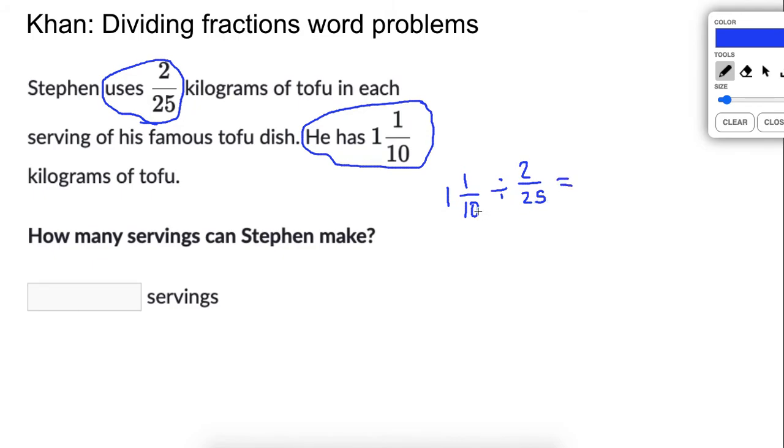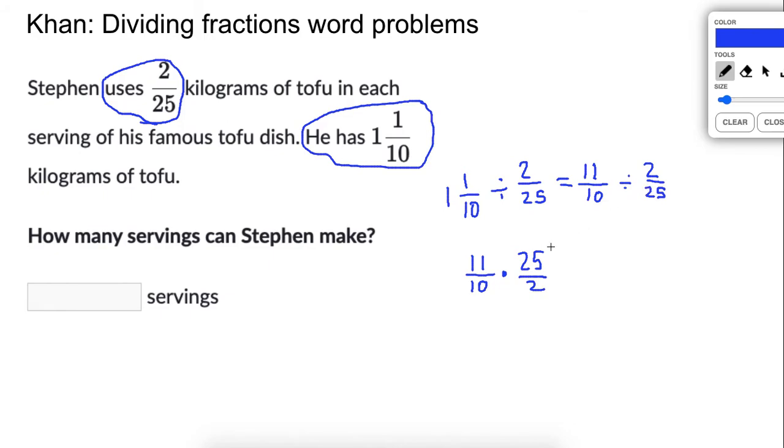2/25 is already a fraction. So 10 times 1 is 10 plus 1, so that would be 11 tenths divided by 2/25. Okay, and then our equivalent multiplication problem, multiplied by the reciprocal, would be 11 tenths times the reciprocal of this, which would be 25/2.